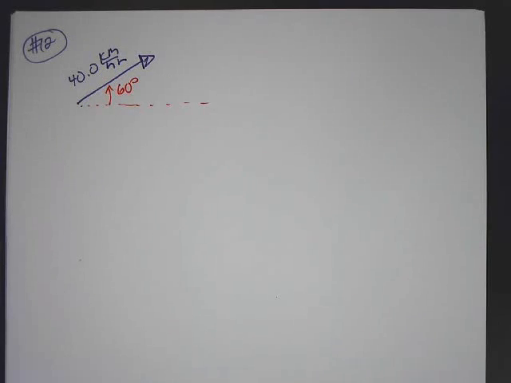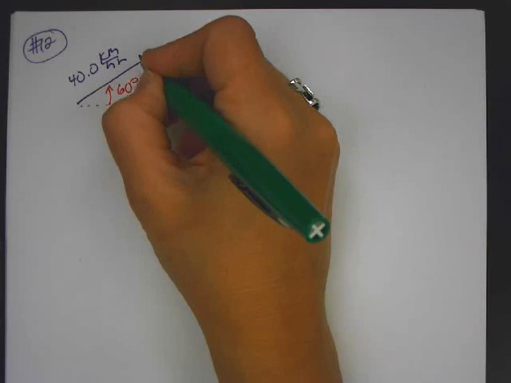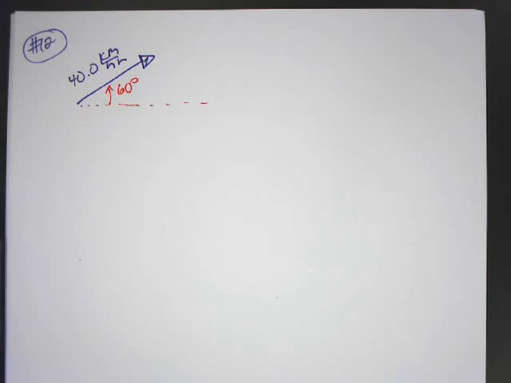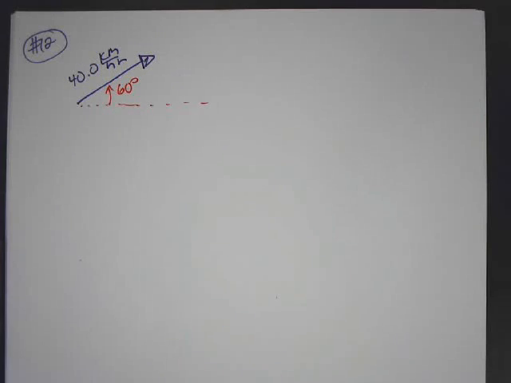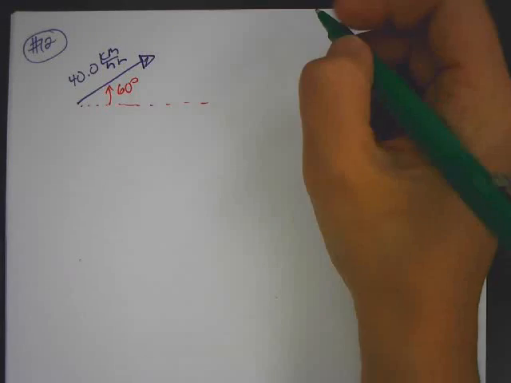Now, when we look at this, the question says, so this is assuming that this is northeast, which maybe it wasn't clear, what's the north component of the wind's velocity and what's the east component?